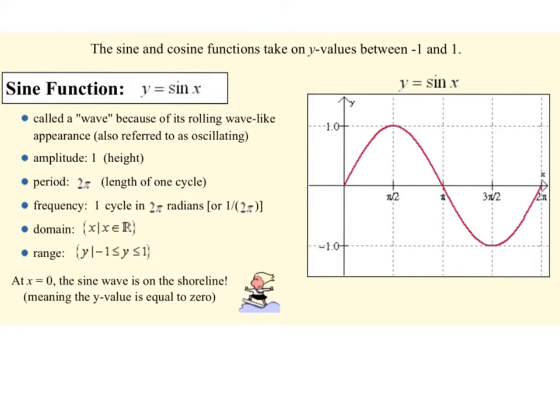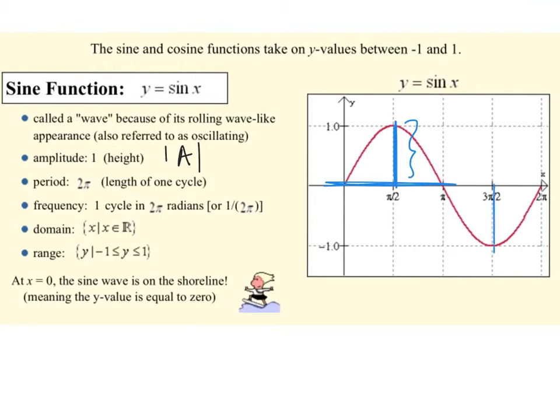So that is always in absolute value. Another way to think about it is the absolute value of A. That is how tall the wave is from the x-axis. It's always the absolute value because it's distance, it's height. So it's just its height from the x-axis.